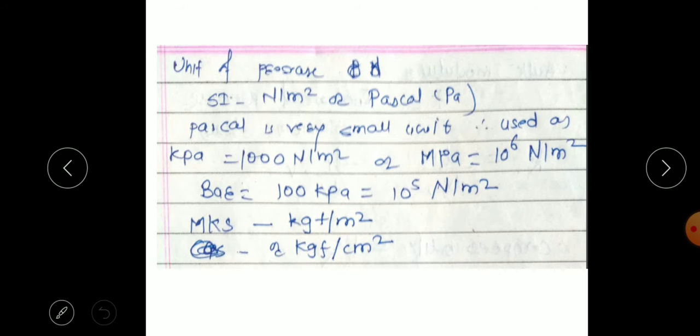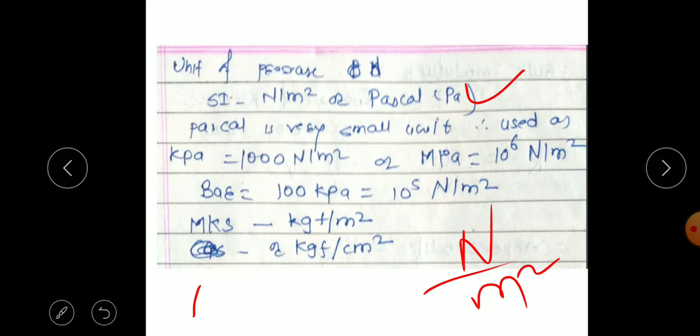The units of pressure are different. In SI units, force is in Newton and area in meter square, so the unit is simply Newton per meter square, also called Pascal. Pascal is a very small unit, as 1 atmospheric pressure is normally 10 raised to 5 Pascal.